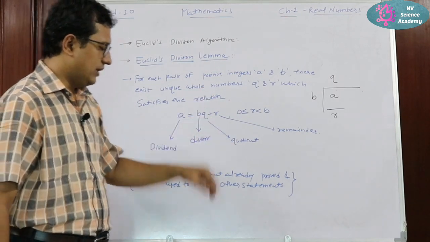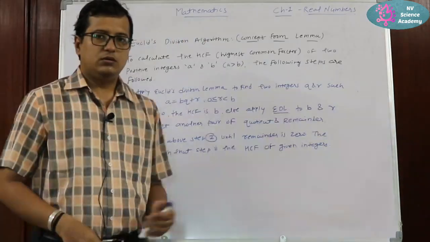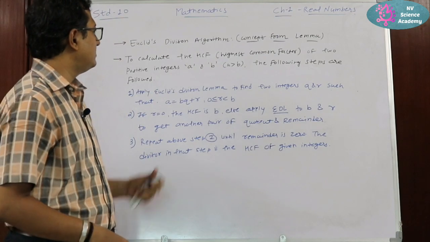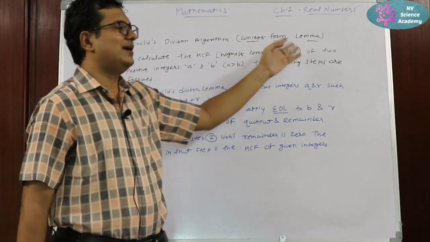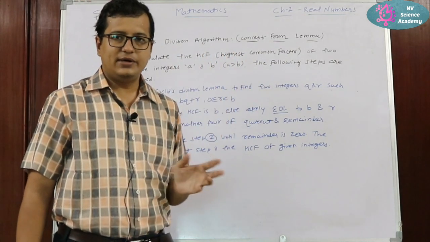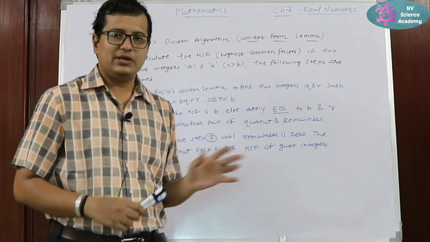Now let us see the Euclid's division algorithm. As you can see, it is derived from the Euclid's division lemma, or almost similar to it.